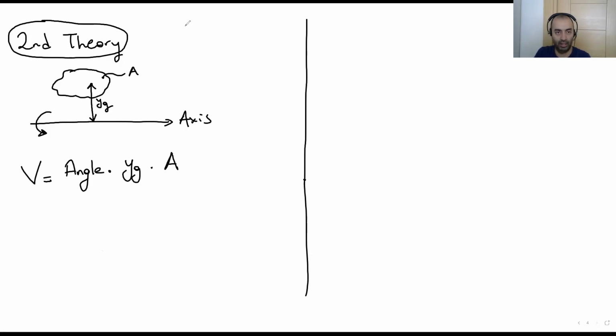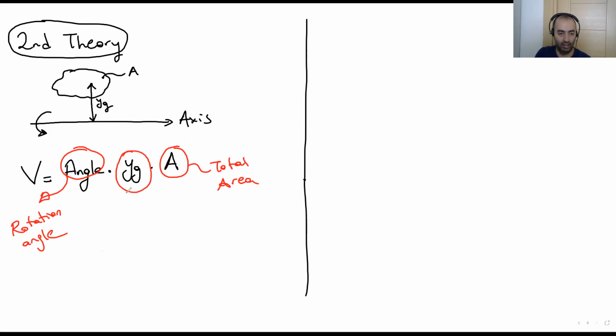Okay, it's the same. This is the rotation angle. This is the total area. So YG here is again the distance between the centroid and the rotation axis.